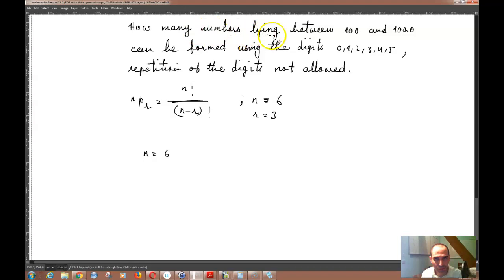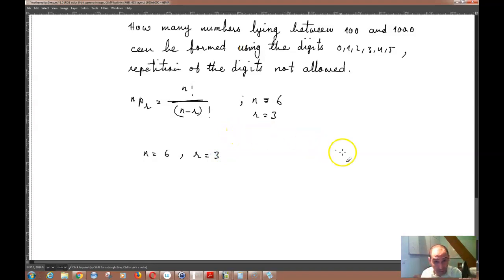And you want to make, using these 6 digits, 3-digit numbers. So r is equal to 3.